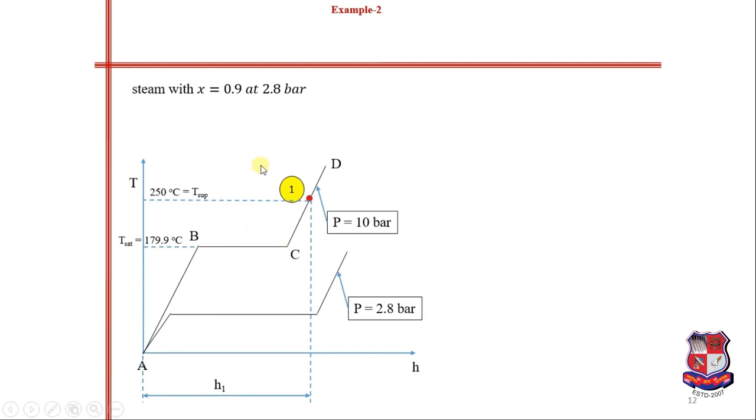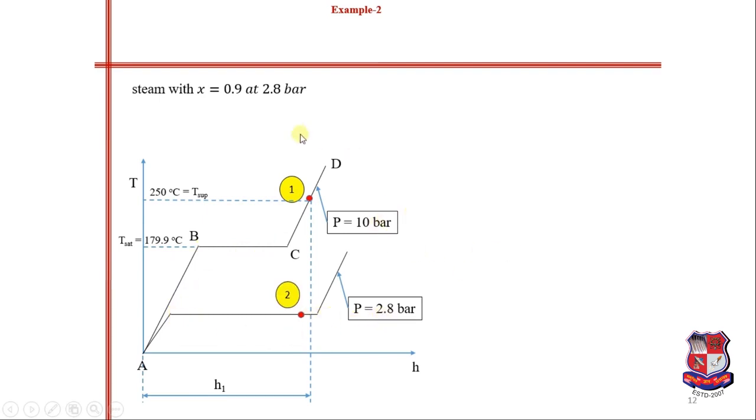Okay. That pressure will be called as critical pressure. Okay. Here our second pressure is at 2.8 bar, so our enthalpy of evaporation will be larger as compared to enthalpy of evaporation at 10 bar pressure. Okay, so point B and C will be at farther distance at 2.8 bar pressure.